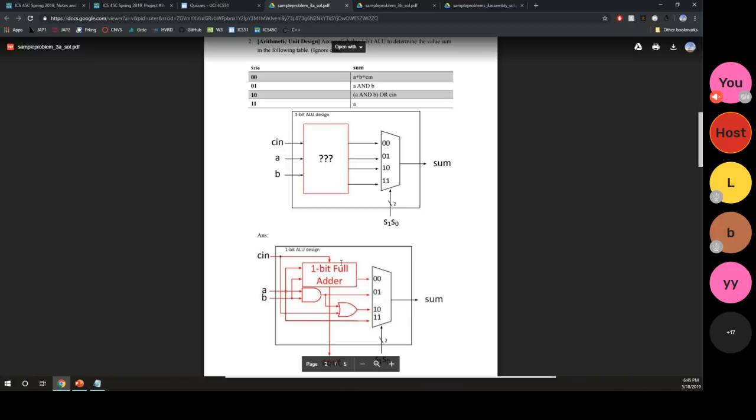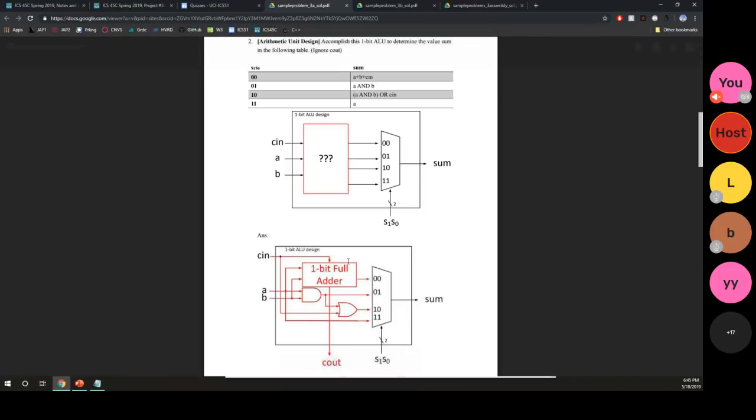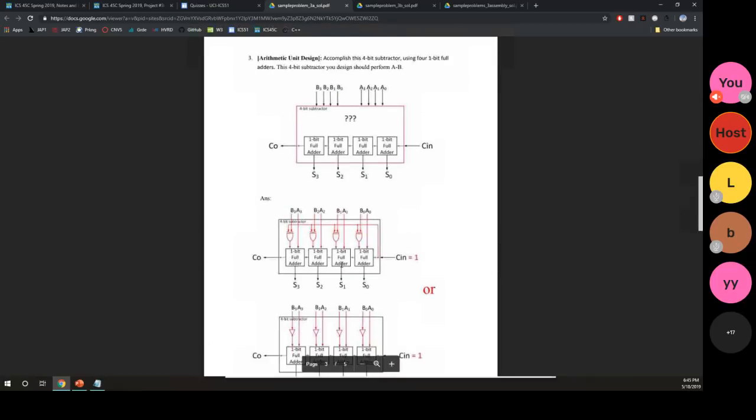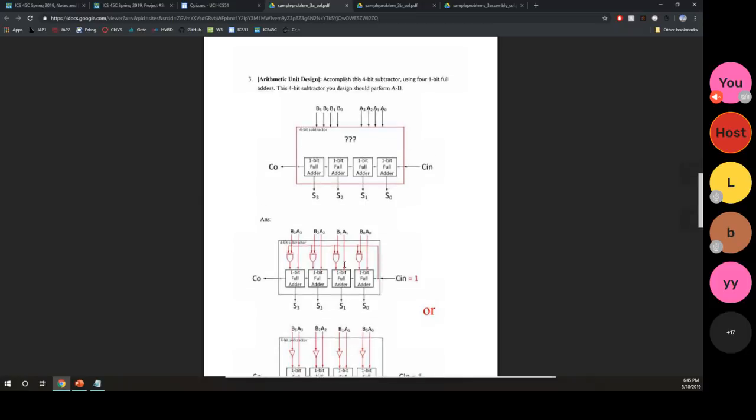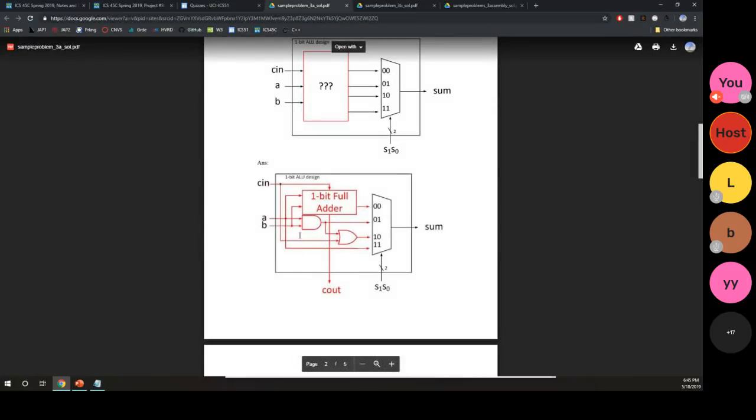I don't feel like we're going to have to do that with the ALU, right? I think we'll have to do it with the memory files and stuff like that, if I'm not mistaken, because the ALU is not going to change. This won't change, even if it's a higher bit.